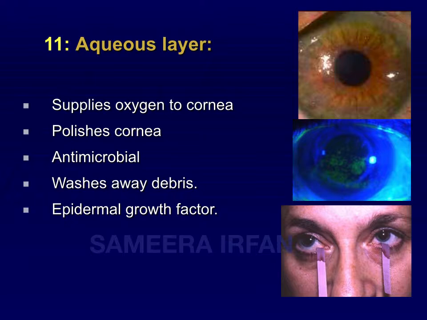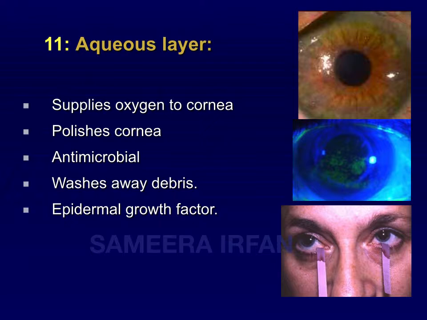The aqueous layer is the main layer of the tear film, and it supplies oxygen to the cornea. As there is no vascular supply to the cornea, the vessels stop short at the limbus. So oxygen is supplied from the atmosphere, via the aqueous, to the whole ocular surface.